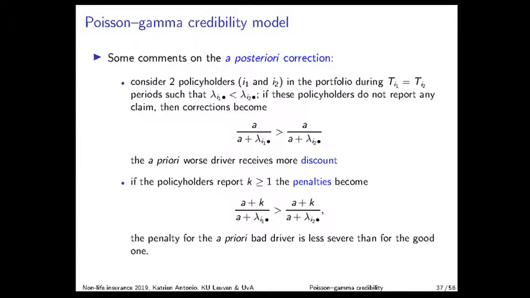Now, if the policyholders report k claims with k larger than or equal to 1, the penalty applied to driver i1 is larger than the penalty applied to driver i2. This actually means that driver i1 gets a bigger penalty than driver 2. He will be punished more severely for the k claims reported.